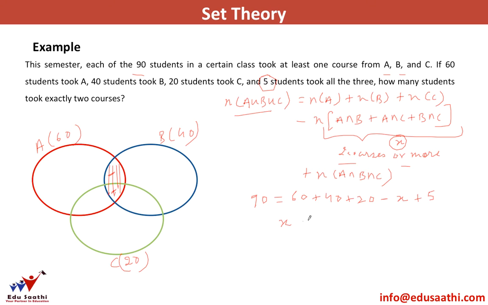Let's calculate X. X is 125 minus 90, or this is 35.